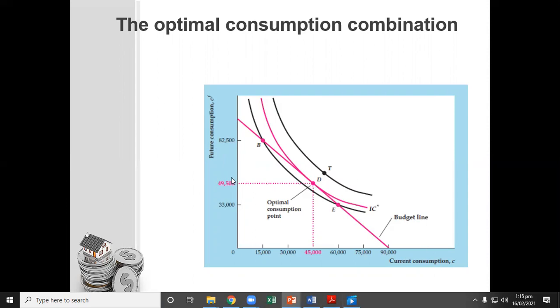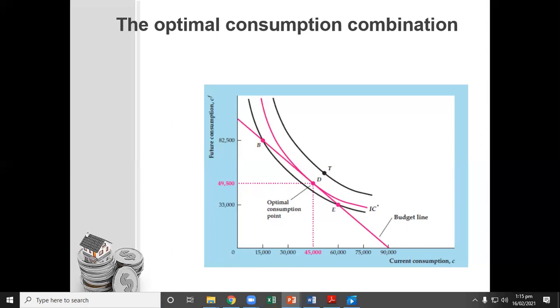You can trade off between future consumption and current consumption, and you can see that all of the points on the budget line, such as B and E, lie on indifference curves below and to the left of indifference curve IC star, and thus yield a lower utility level than the consumption combination at D, which lies on IC star.